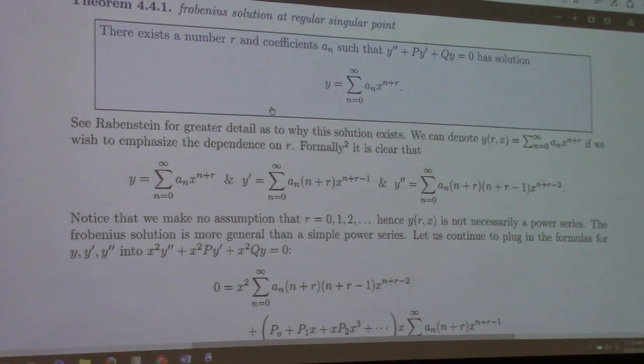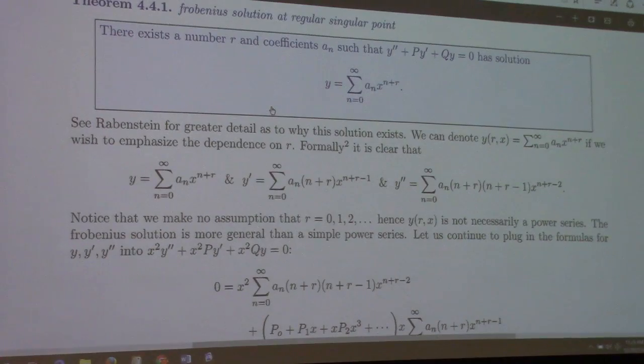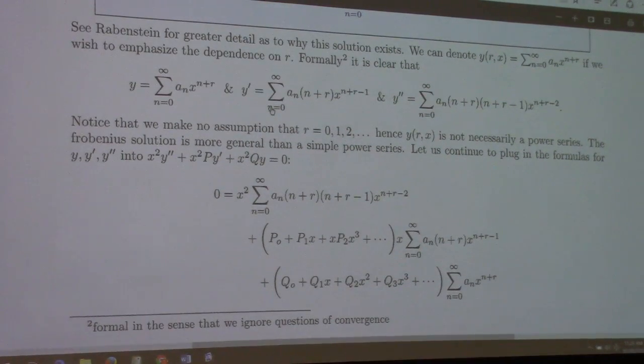You guys with me so far? Then what comes next? X squared times q, right here, times y itself, which is just the raw Frobenius solution. All right. Then what happens?